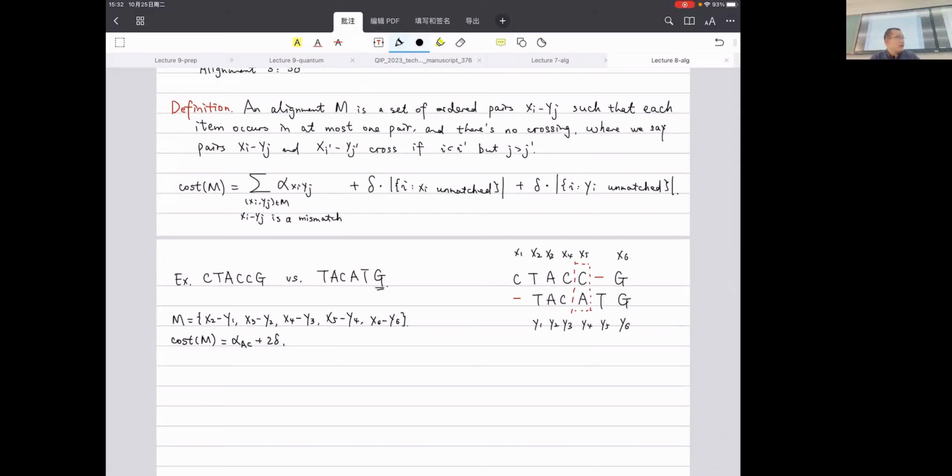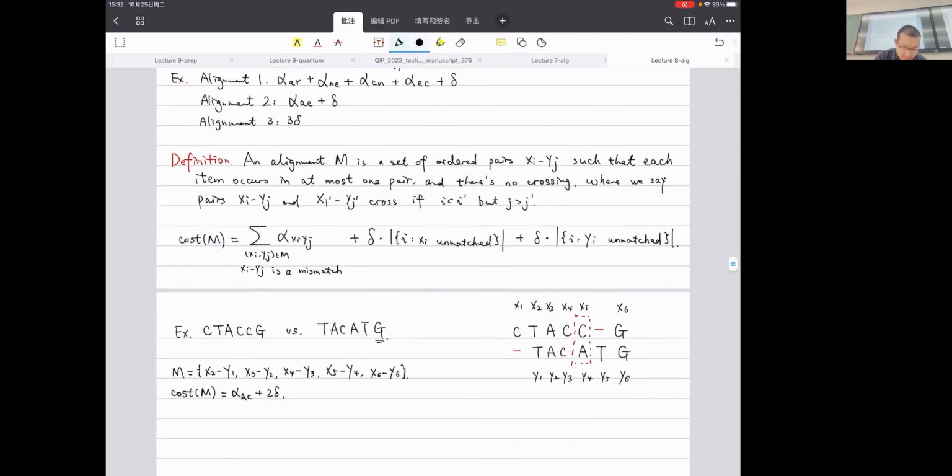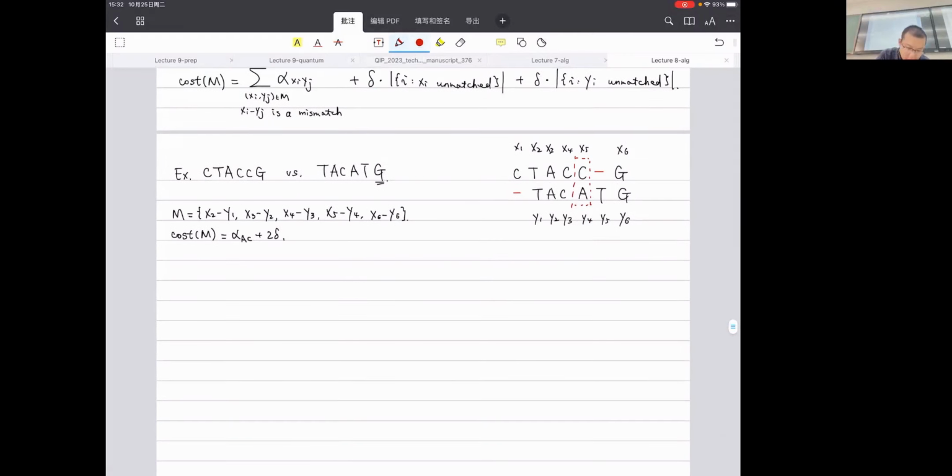Okay, so this is basically the sequence alignment problem that we want to study here. After having this definition of the sequence alignment problem, we can then ask about the goal here.